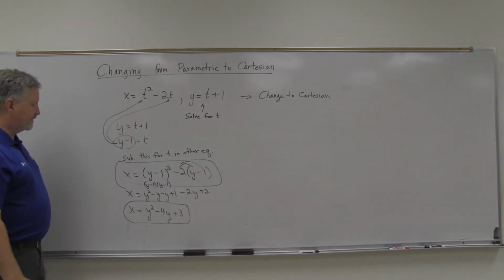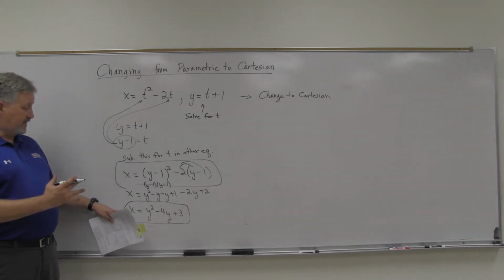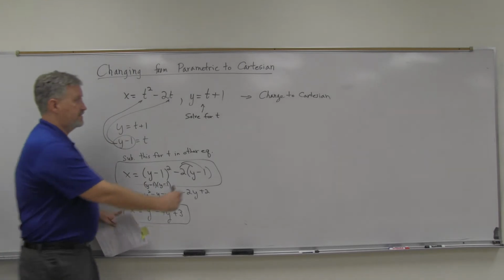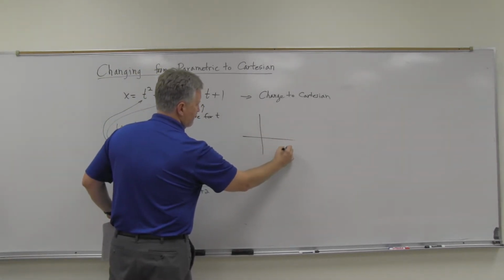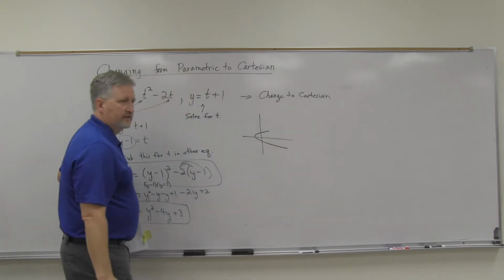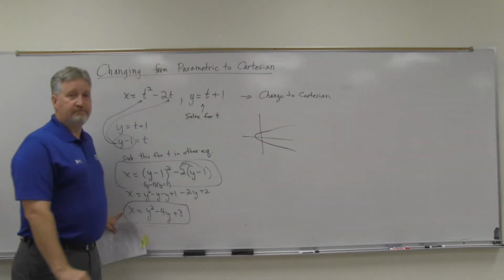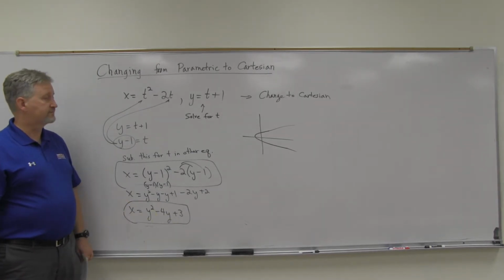If you look back at the graph that we got, this makes sense as a Cartesian. If you think back to the graph, we just did from here, something like this, that's a fish hook. But like I said, if I extended that on out, it's a sideways parabola. X is in terms of y.